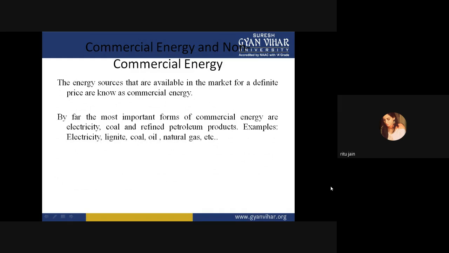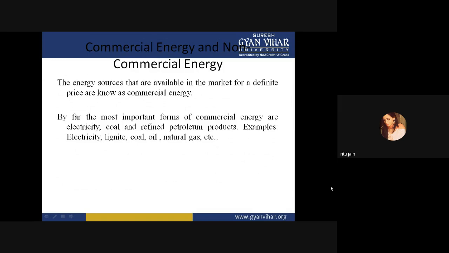Once you want to set up the power plant, there are a number of things required. Suppose you require land, some equipment, and a reservoir for equipment repairing. So a large amount is needed to set up a power plant.